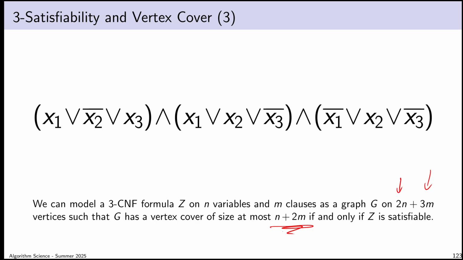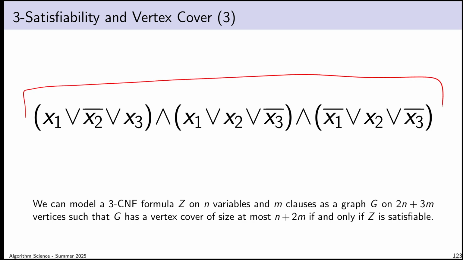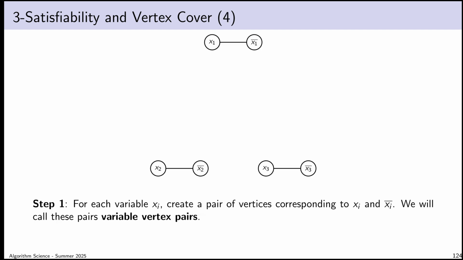Now, the graph I'm going to construct corresponds to this formula here, which has 3 clauses over 3 variables, x1, x2, x3. Step 1. I'm going to create for each variable a pair of vertices joined by an edge. So I'm going to call these things variable vertex pairs. I suspect at least once I'm going to get my words jumbled up and say vertex variable pair. So I beg you to indulge me when I do that.